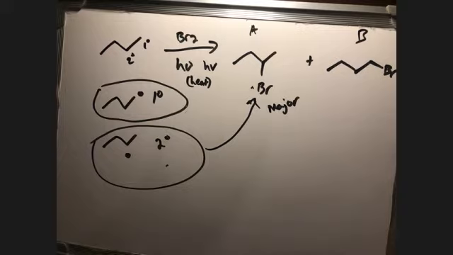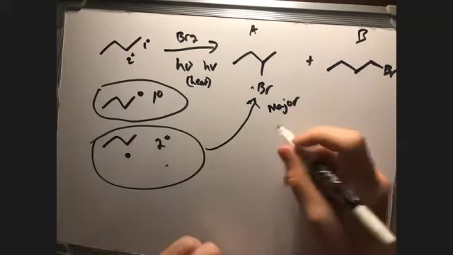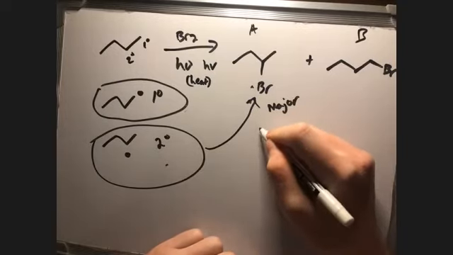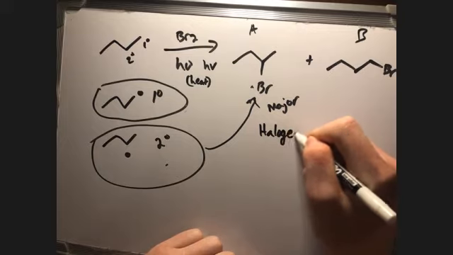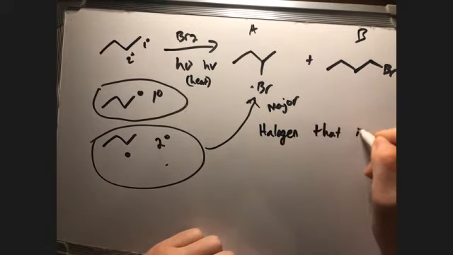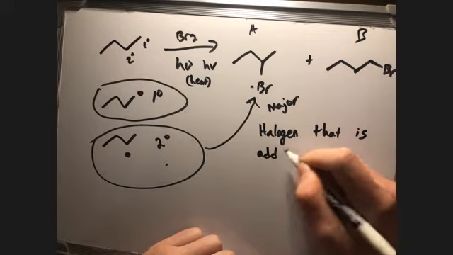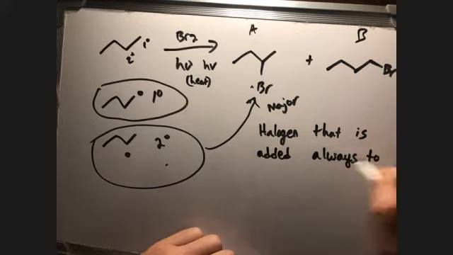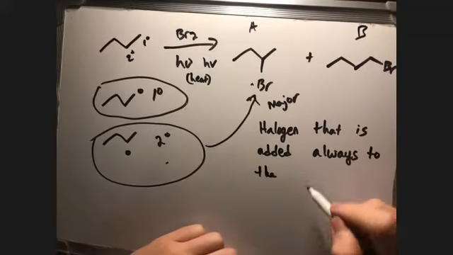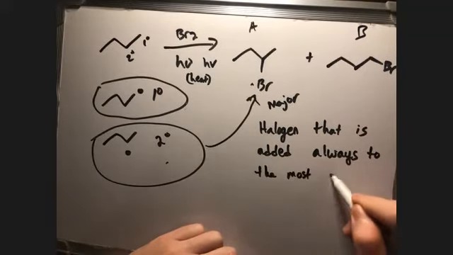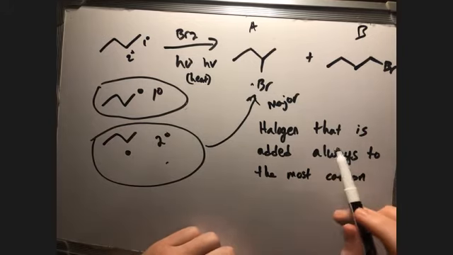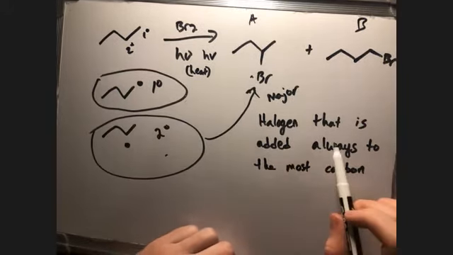So the takeaway here, I'll write it too, just to be deliberate here. So the halogen that's added will always add to the most substituted position. I should be more clear than that too, to the most carbon substituted position, because if it's substituted with an oxygen or nitrogen, the chemistry can get a little bit different, but you probably won't see that much here.